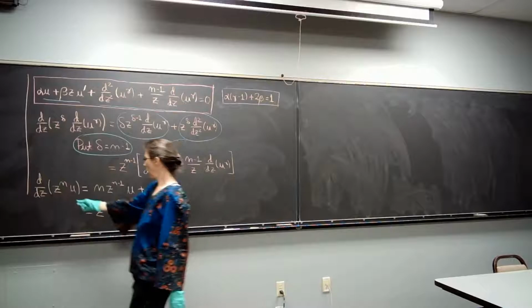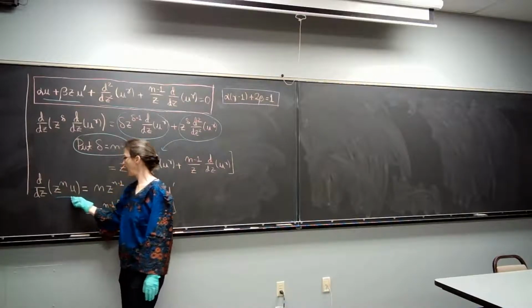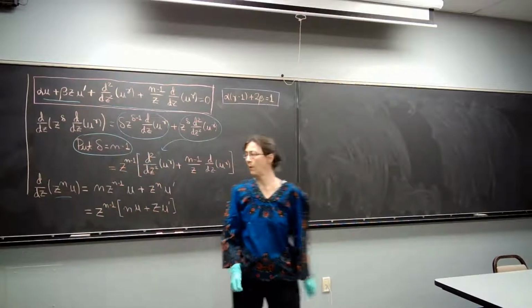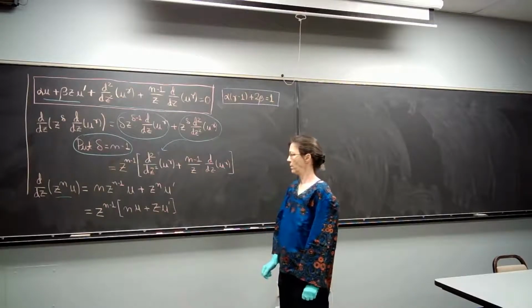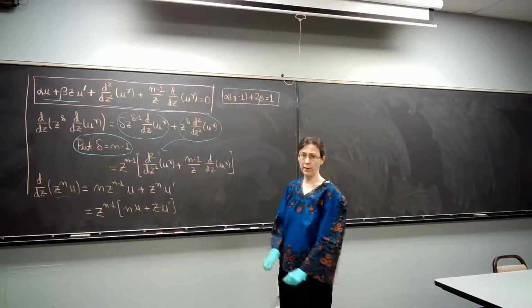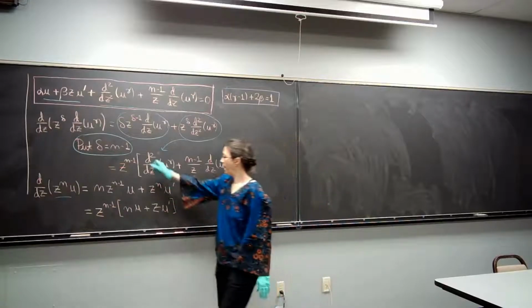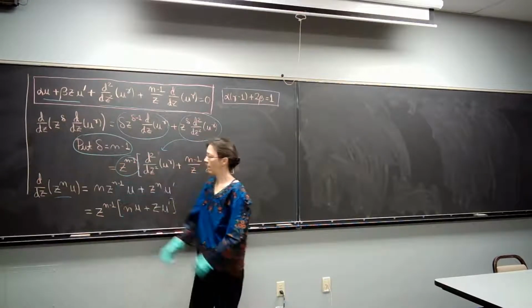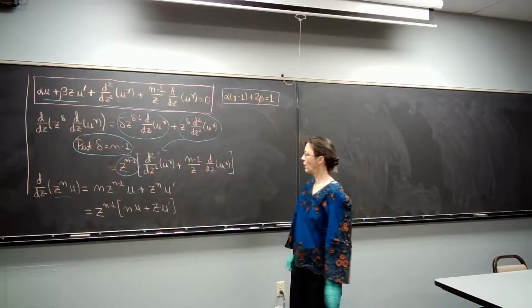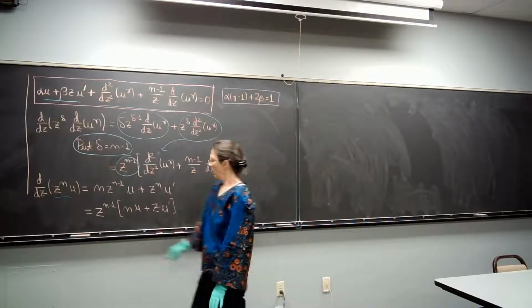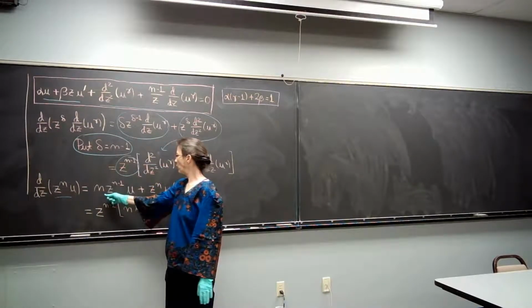So you're going to take your first derivative. What happens when you take the first derivative of z to the n times u? The choice z to the n was made again so that you'll be able to factor this out of the whole thing. Apply d dz to that, and here's what you get.